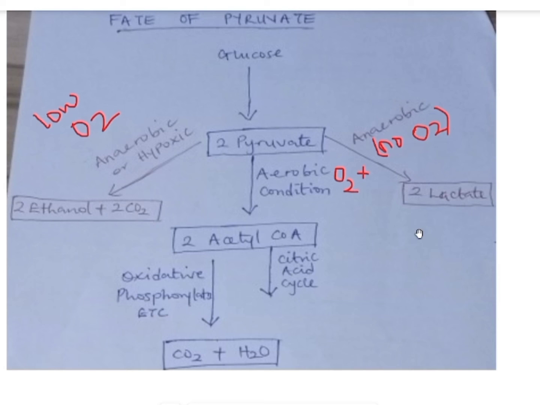You also have the next route in which pyruvate can go, in anaerobic or hypoxic condition, in the presence of low oxygen as opposed to no oxygen at all. That forms two molecules of ethanol and two molecules of carbon dioxide. This is what we get from drinking alcohol.